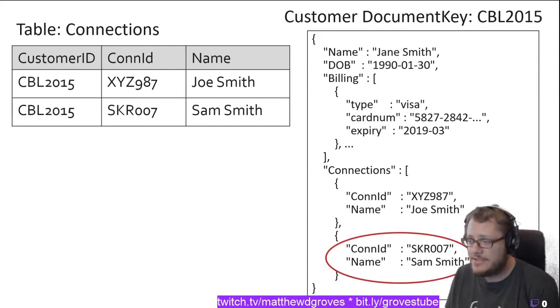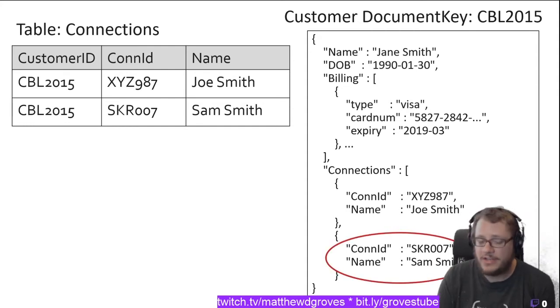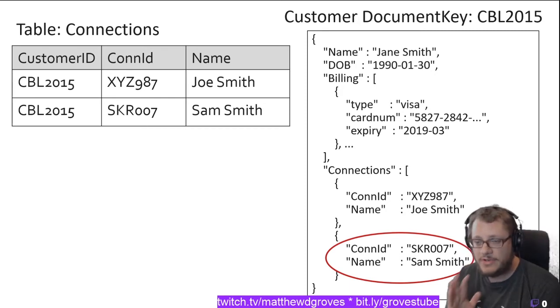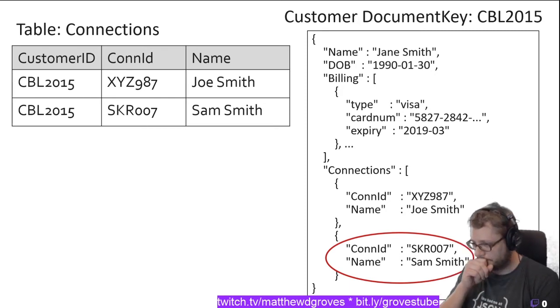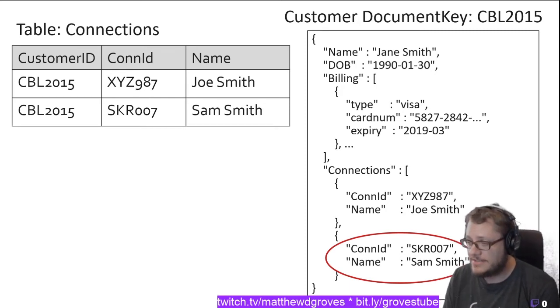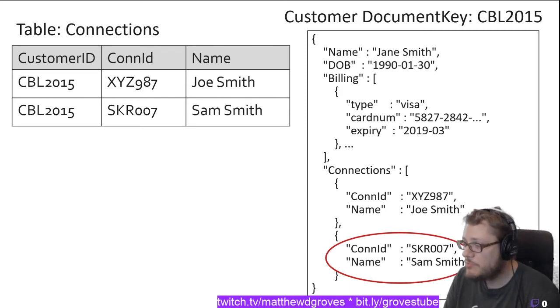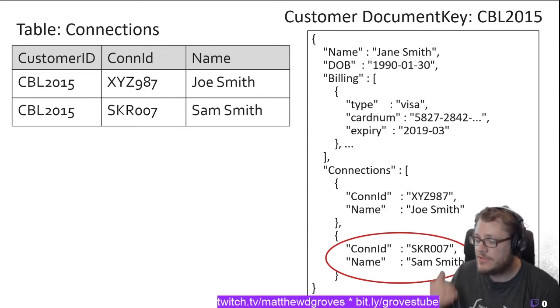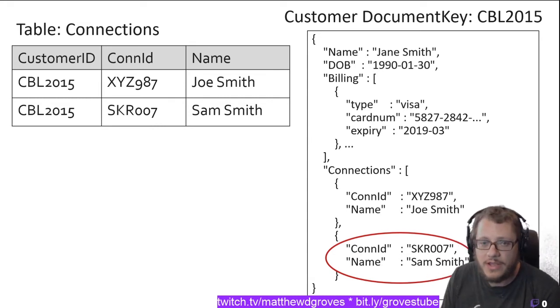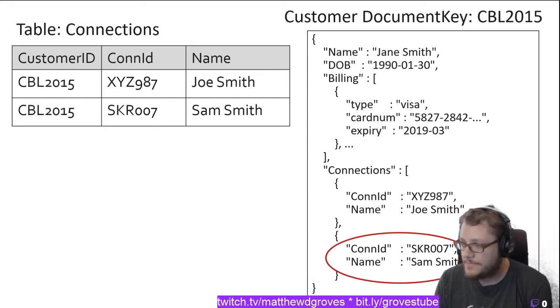In our document database, it's again a similar thing. We have this connections array. So not a separate document, not a separate table. It's an array inside that document. And then each one of those items in the connections has an ID that connects to another customer document.